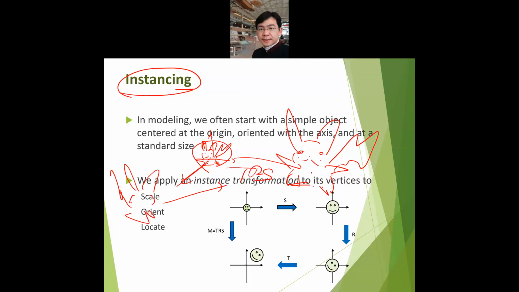So this idea is sort of like our object-oriented programming idea. Your basic model could be a class, and then you have some instances, which are the objects derived from the class. So this is instancing. That means you generate new objects based on this class. The idea is similar.